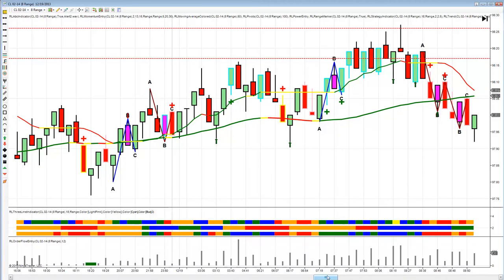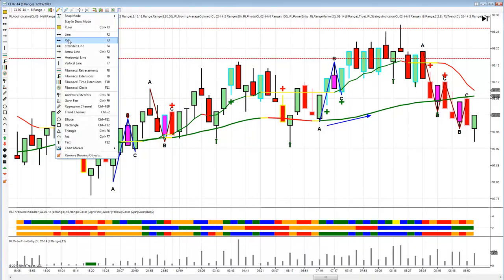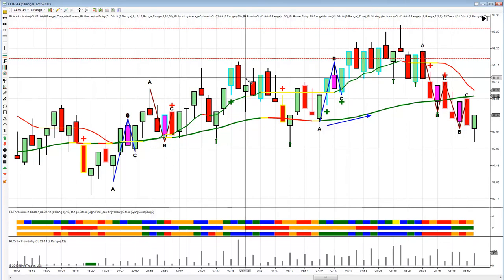And here's one of them right here. 50's heading up. Now, even though it's a C candle, it doesn't matter. This is still a 2-line break of the 15.